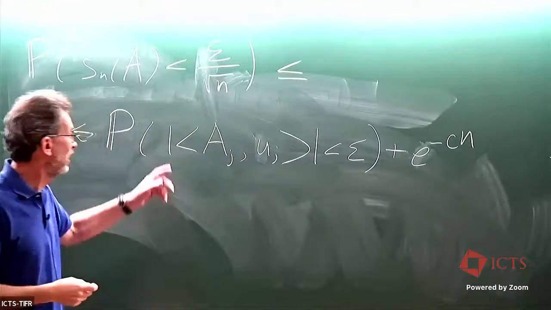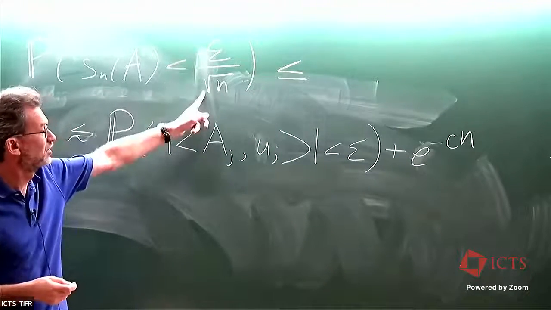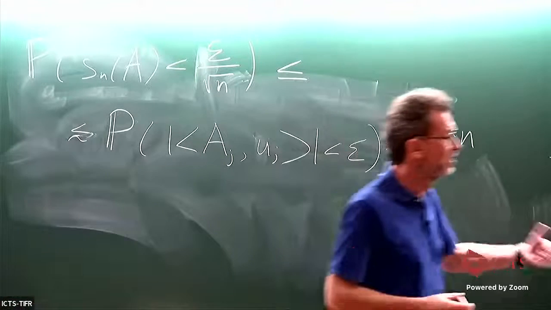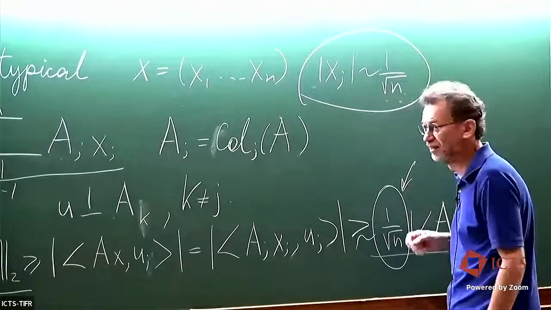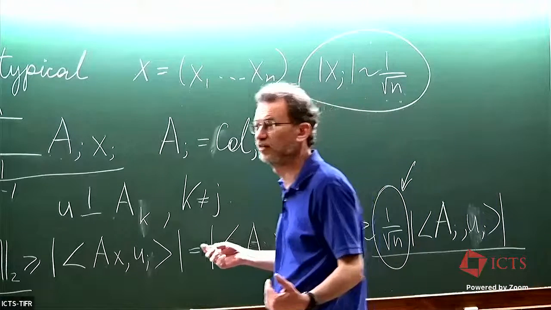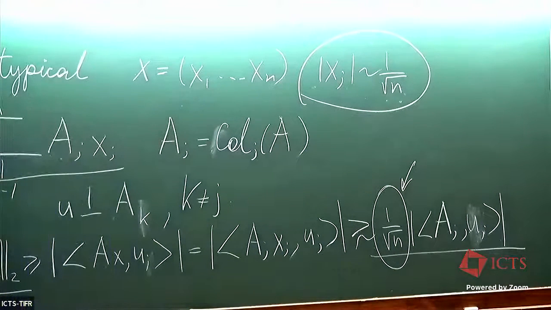Okay, why is this epsilon over square root of n? If we go back to our calculation here, we see that we lose this square root of n because the typical coordinate is 1 over square root of n.